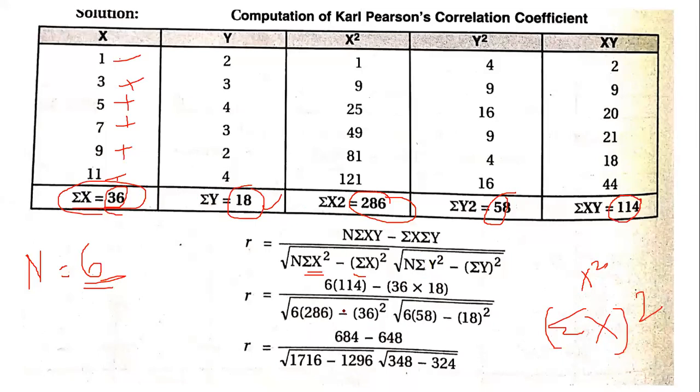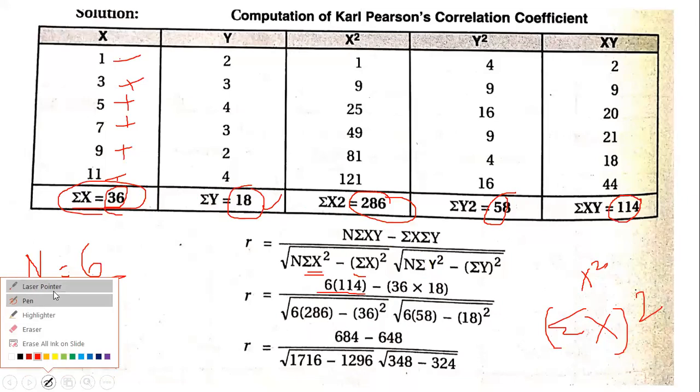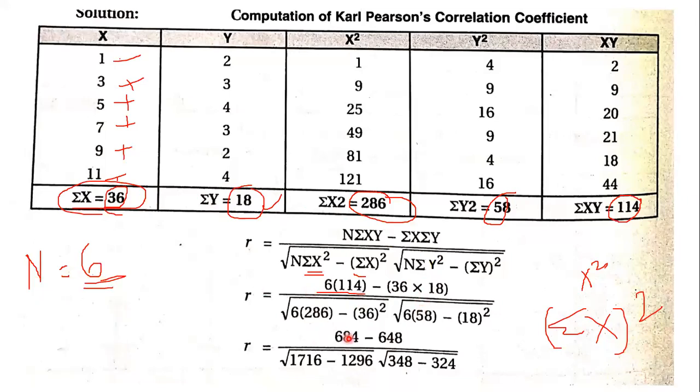Now let us do the simplification. 6 into 114 will give you 684 minus 36 into 18 is 648. You get 684 minus 648 whole divided by square root of 6 into 286 is 1716 minus 36 square is 1296.